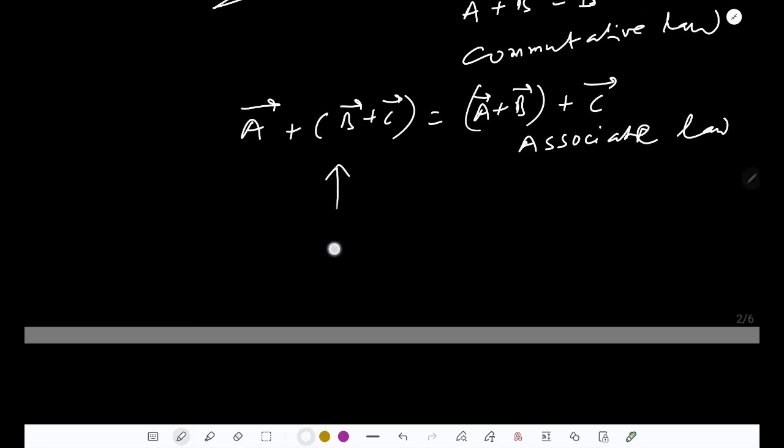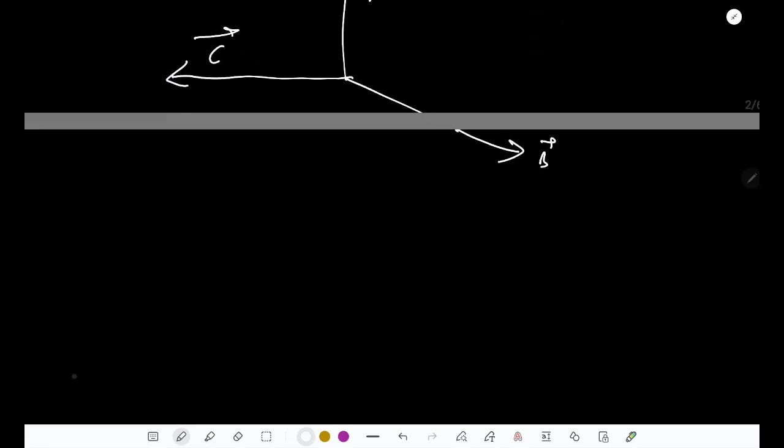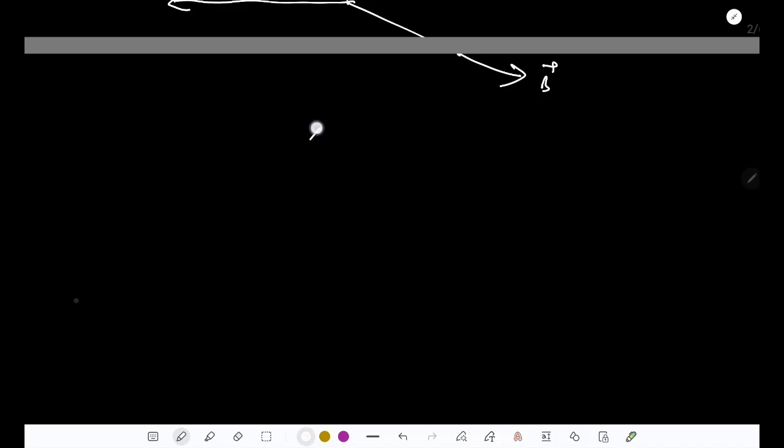Let me have some vectors: this is vector A, this is vector B, and here we have a vector C. Or let me draw another picture for it.